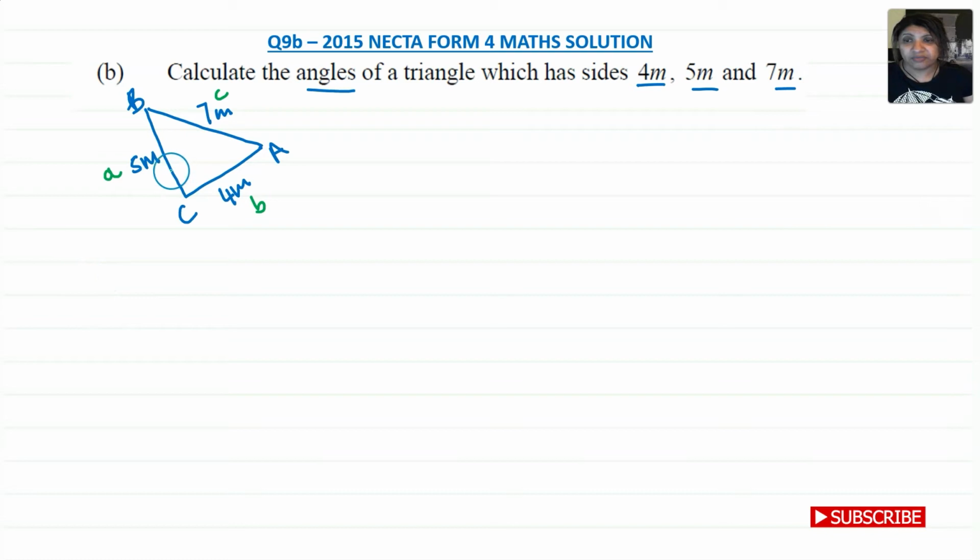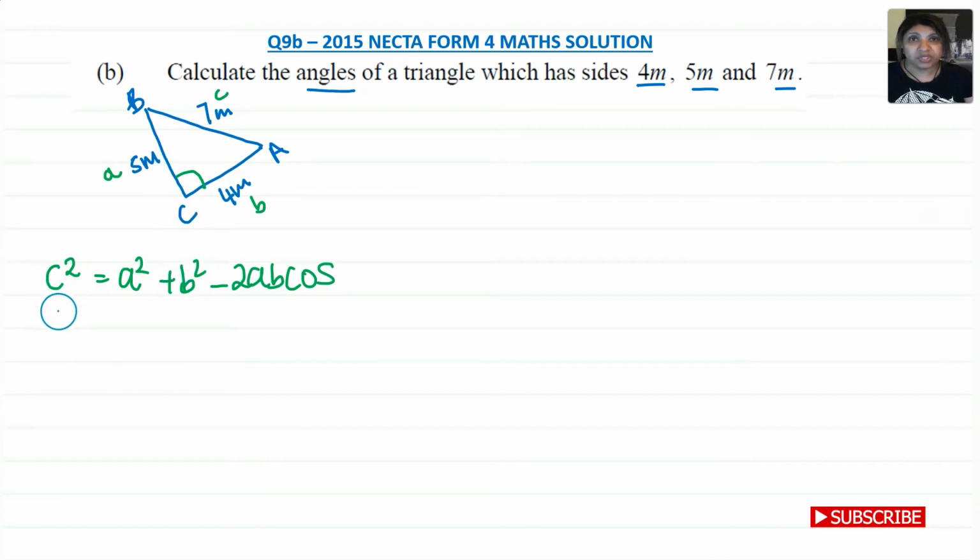If I start to look for this angle here, which is ACB, we can say C squared is equal to A squared plus B squared minus 2AB cos C. C, A, and B are the sides which we have.